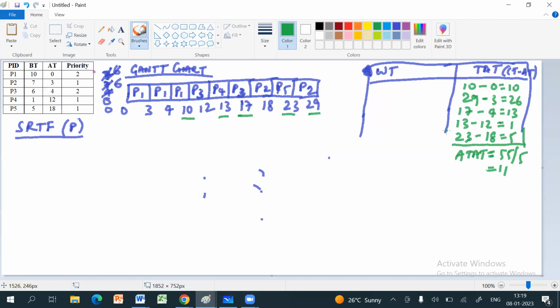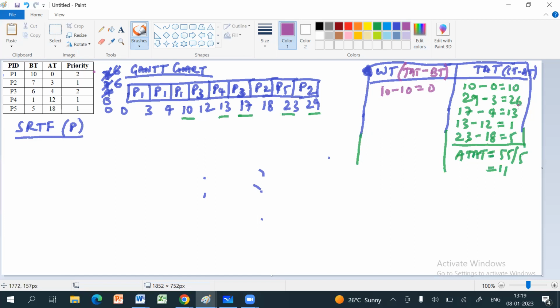Okay. Now similarly, go similar to how we have done in the priority preemptive version. Wait time can be computed using a simple formula, like I said, which is turnaround time minus the burst time. So you would get P1 as 10 minus the burst time, right, then followed by 26, the turnaround time.